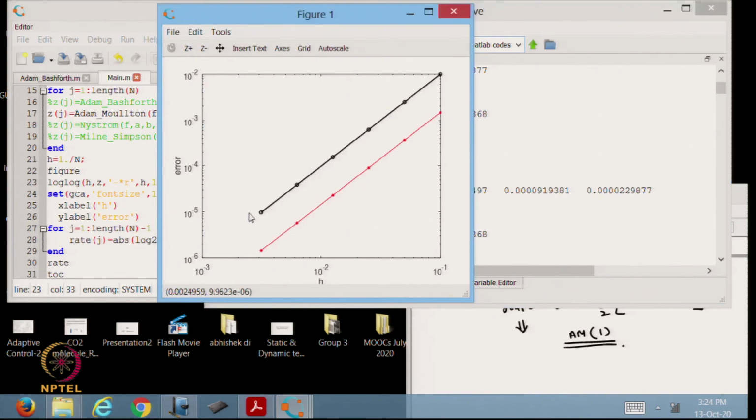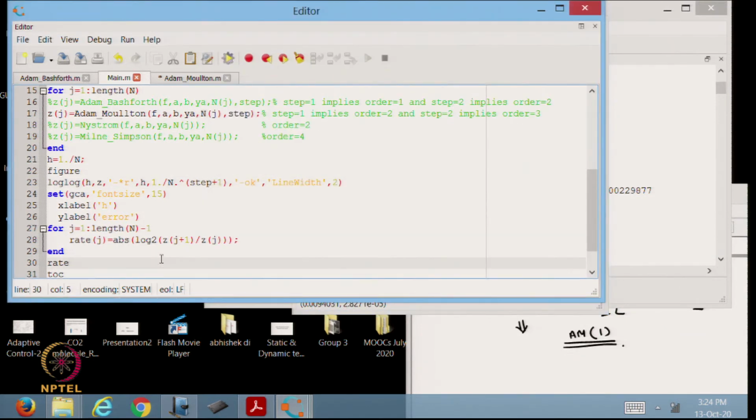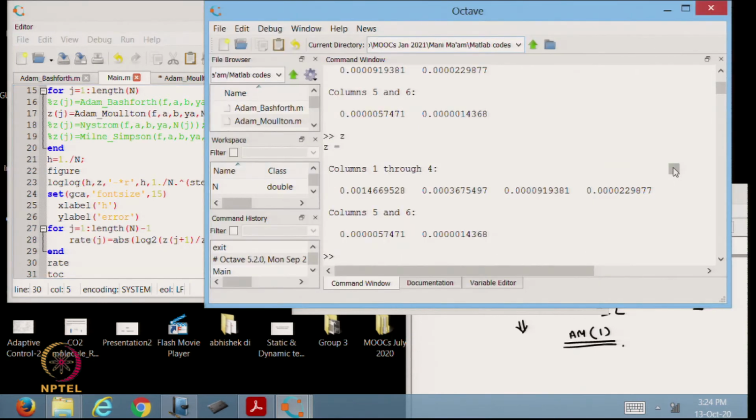So, basically in the last figure also I forgot to mention what this black line represents and what this red line represents. So, which you can see that this is in the log plot, the red line is basically the actual error, and here the black is the order we are plotting.